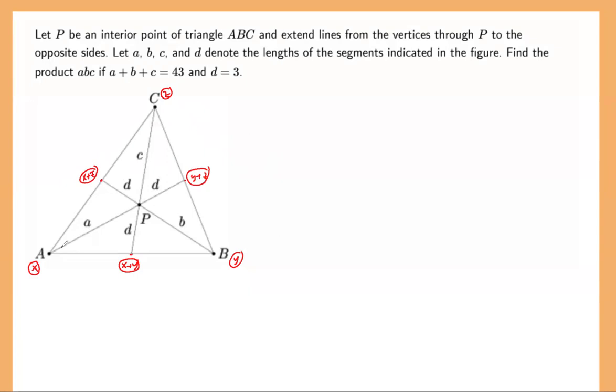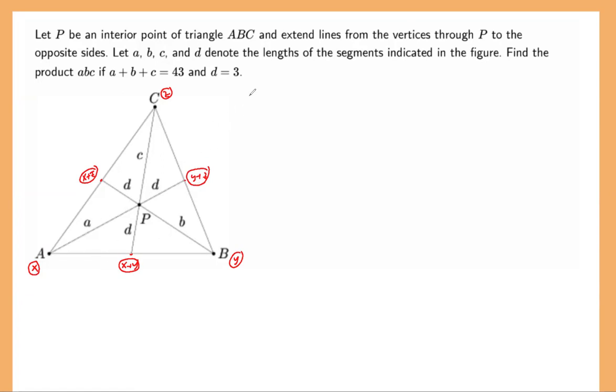Now that we have the masses, think about this segment from A to this vertex. This mass has a distance of A units from P, and this mass has a distance of D from this vertex. So the product of those two masses and the distances are going to be equal. That's the whole point of the mass point approach.